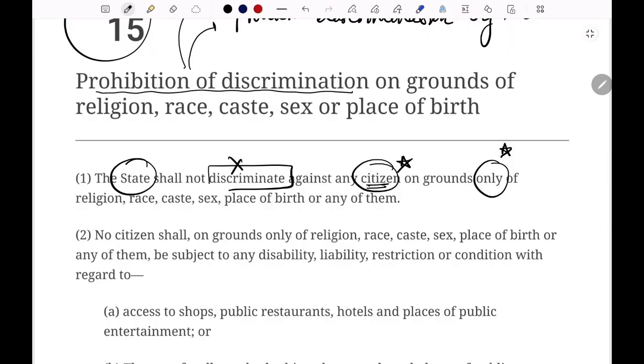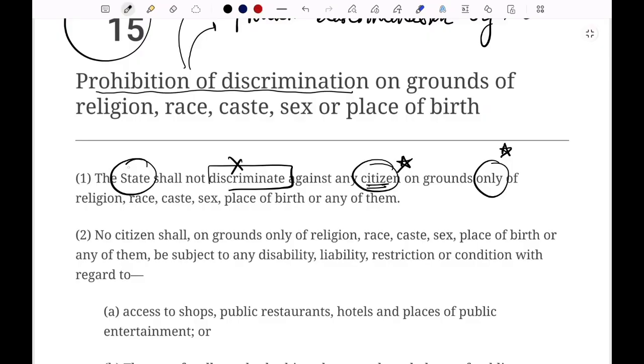The grounds prohibited are religion, race, caste, sex, place of birth. The keyword only means that discrimination solely on these grounds is prohibited. That means reasonable classification on other grounds is allowed.